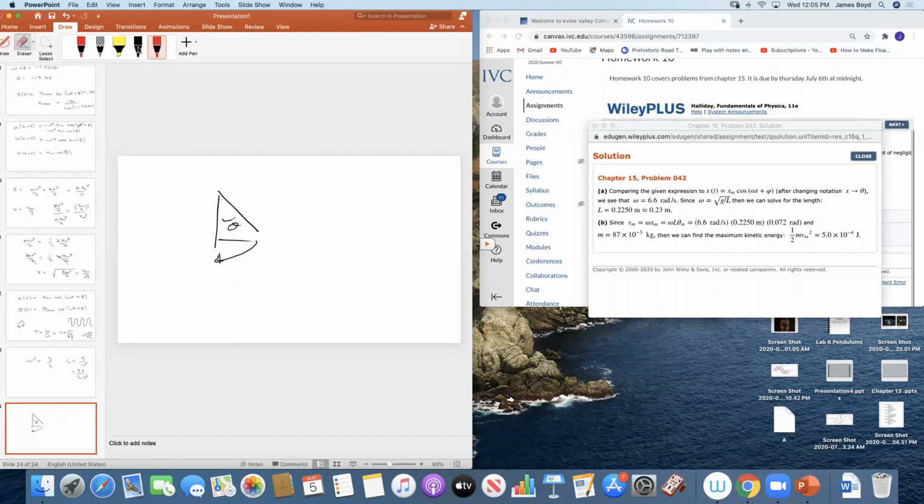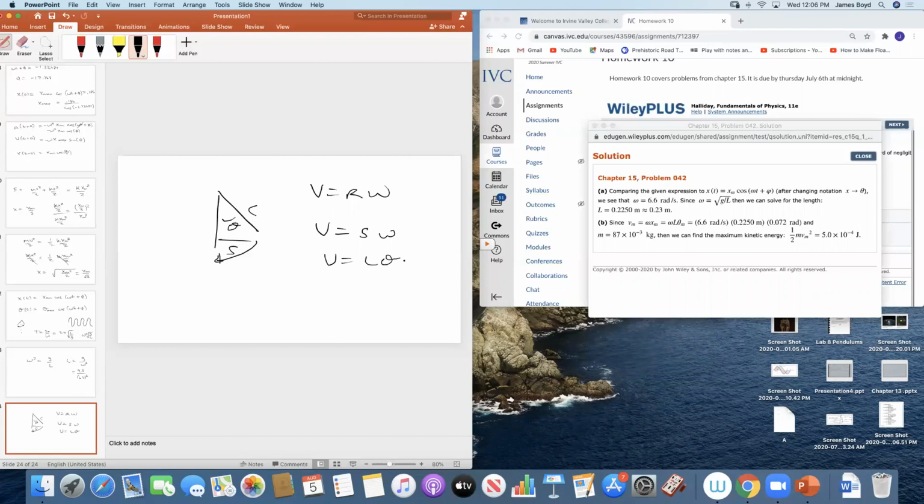I'm confusing myself. What I meant to say was that V is equal to R omega, and R omega is actually S times omega, but S here, this length, is really L times theta.